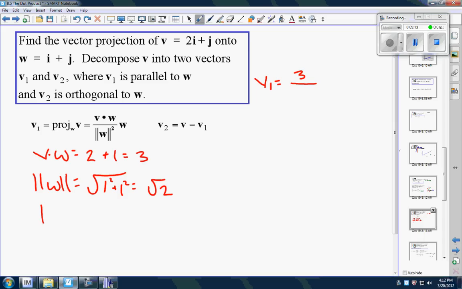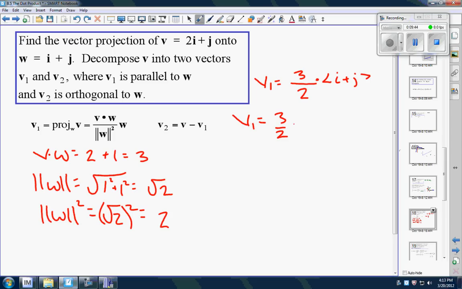So if we now want the magnitude of W squared, it's just going to be 2. We have to take that now and multiply it by W here. So vector W is an I plus a J. And picking up here quickly to finish up in part 3, we'll find the V2.